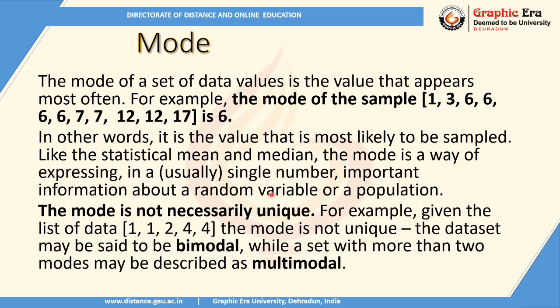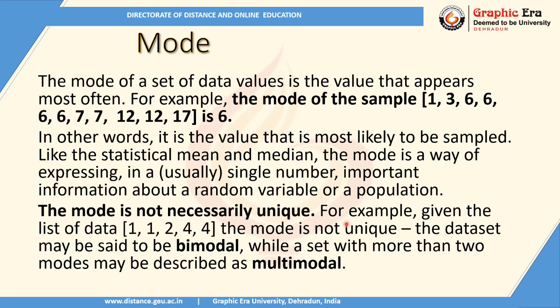So the mode is a way of expressing in a single number important information about a random variable or a population. The mode is not necessarily unique. If there is another number 7 which has the same frequency as 6, then the mode of the given data is 6 and 7.